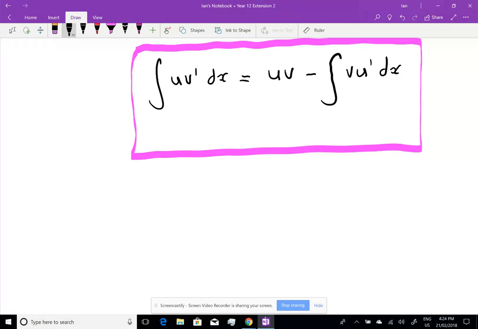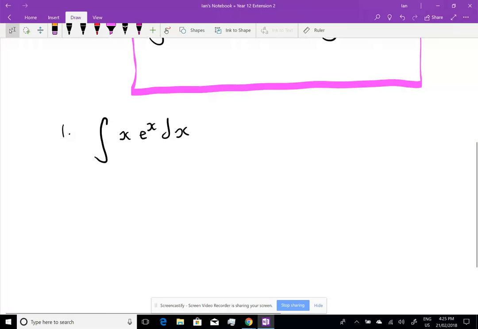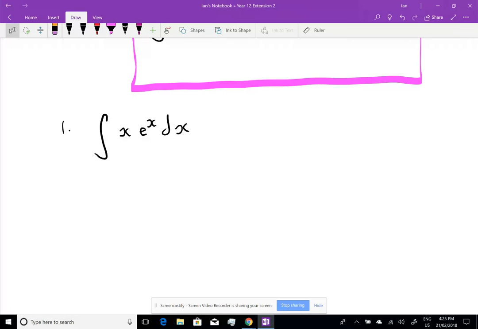If we want to integrate, so that's example 1, x e to the x dx. Now the hard part is choosing what you want to eliminate. Now in most cases, you want to get rid of this bit here. And when I say get rid of it, when you differentiate it, you watch what happens.